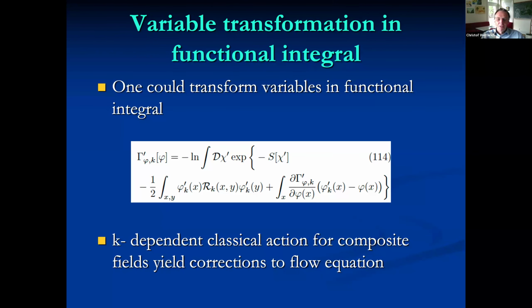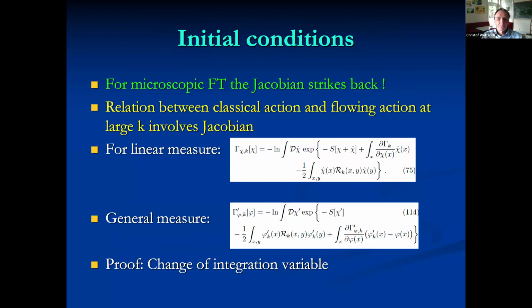So the interpretation is that these additional terms arise from the fact that when you make a field transformation here and you get this S bar of phi prime, then the classical action will become k-dependent due to this k-dependent Jacobian, and that's where the corrections come from.